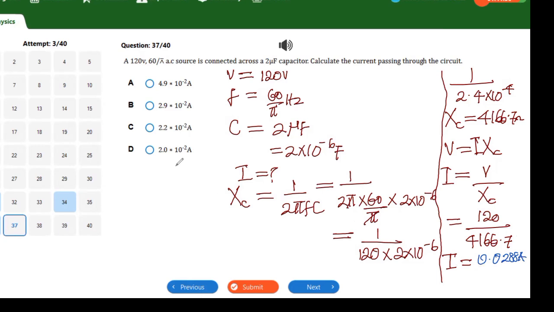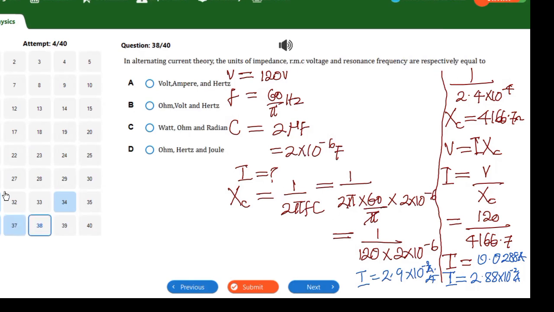In standard form, I is 2.88 times 10 raised to power minus 2 amp. We can approximate it to be I equals 2.9 times 10 raised to power minus 2 amp. So that gives us option B as our answer. Is that clear? Please remember all these formulas.